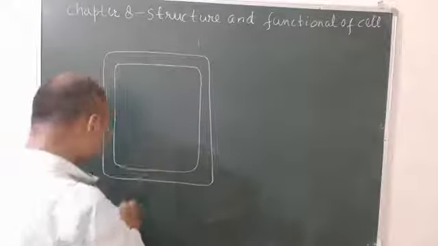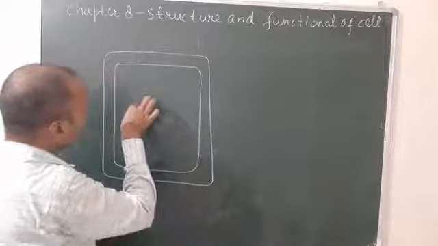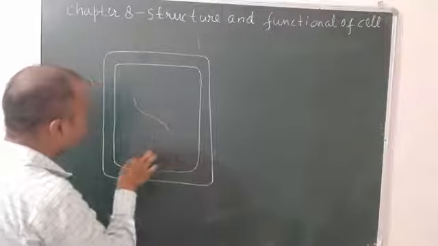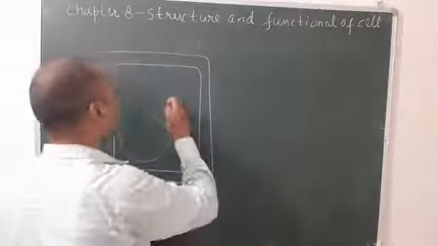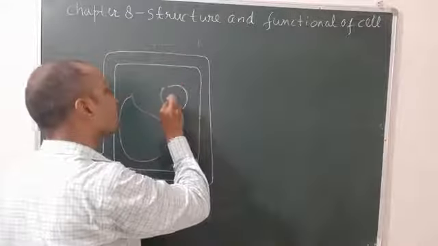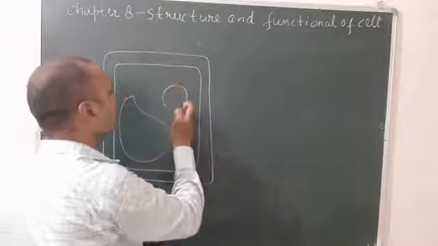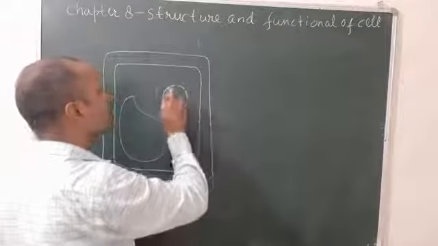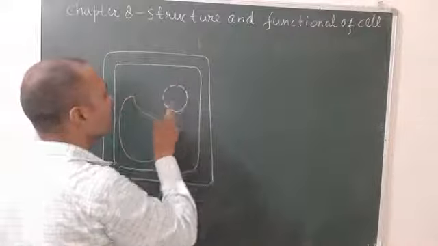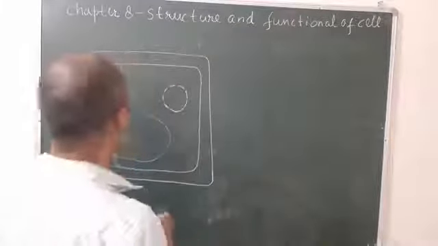Okay, and inside the plant cell it has a huge vacuole, or you can say a well developed vacuole, and this is the nucleus. Okay, this is the nucleus, and this nucleus is not continuous, it is interrupted by nuclear pores. Okay, come to the next.